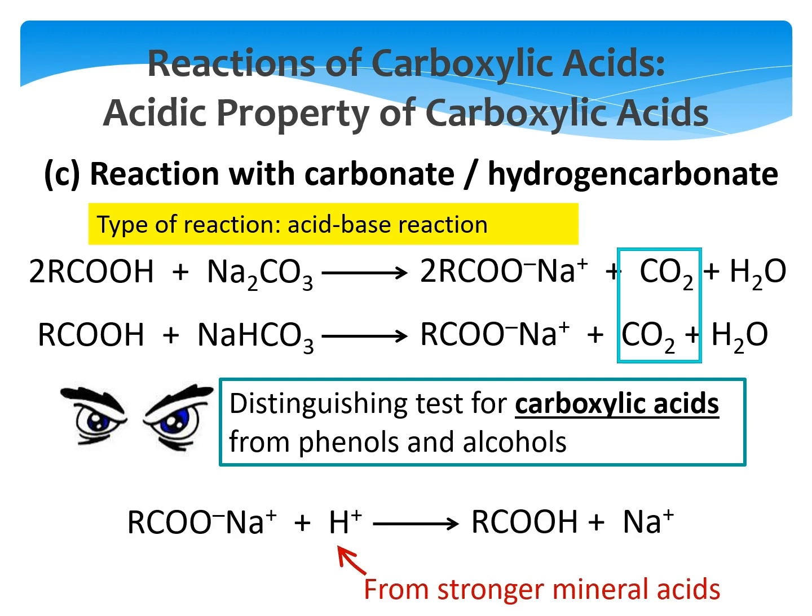The carboxylate salt, RCOO minus Na plus, can react with stronger mineral acids such as HCl. It will accept the H plus to give you the carboxylic acid. So this is for the reaction of carboxylic acid with carbonate or hydrogen carbonate.